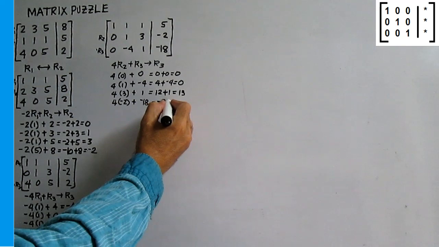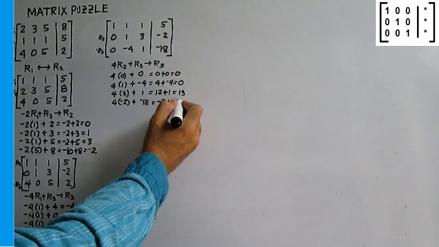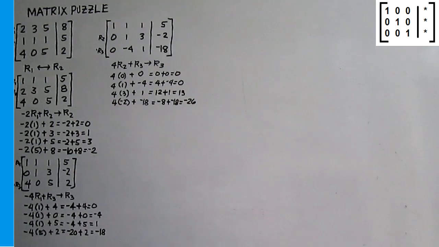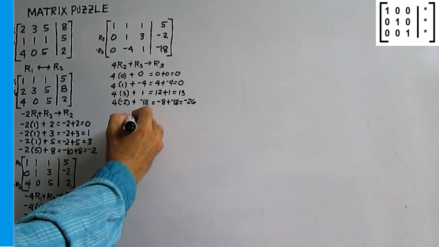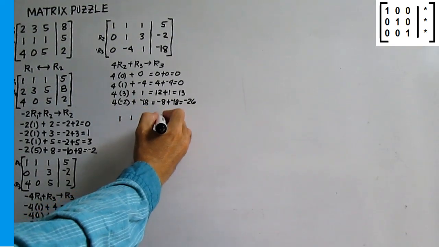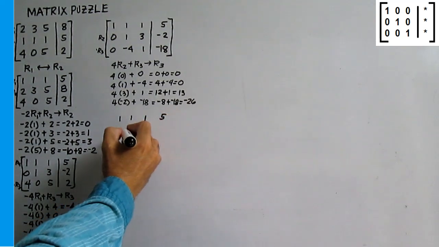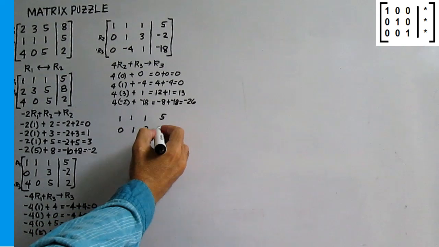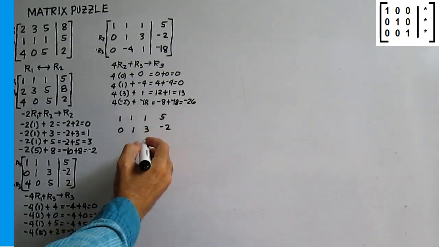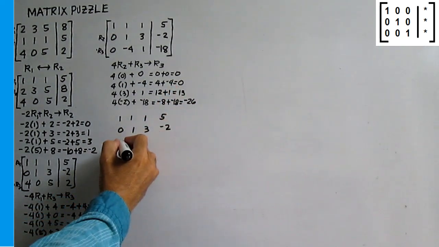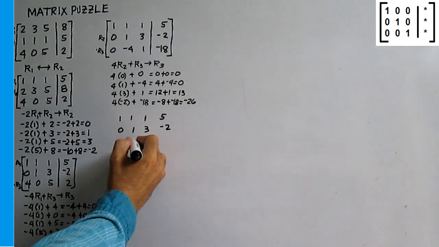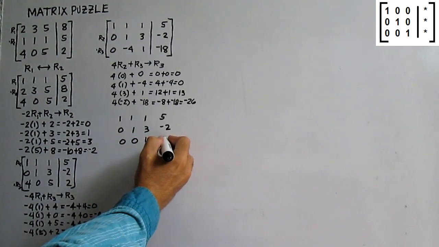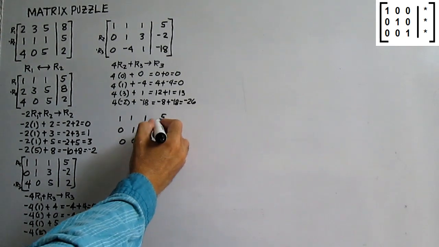Negative 8 plus negative 18 is equal to negative 26. Let's copy row 1 and row 2 and replace row 3: 0, 0, 13, negative 26.